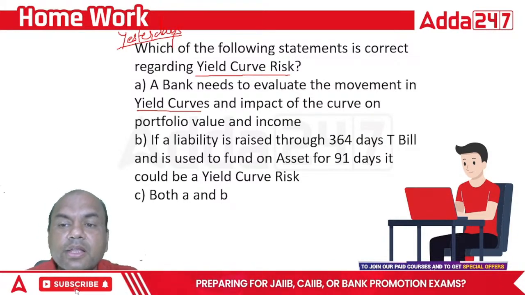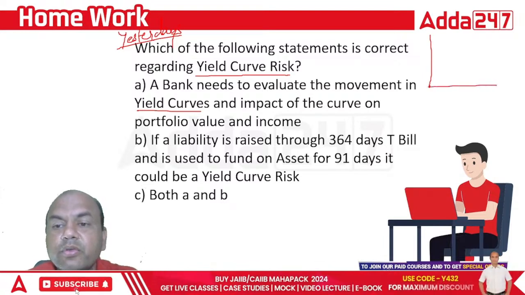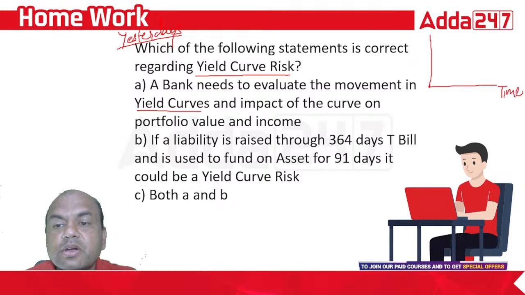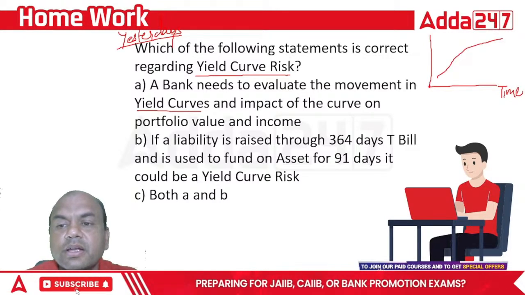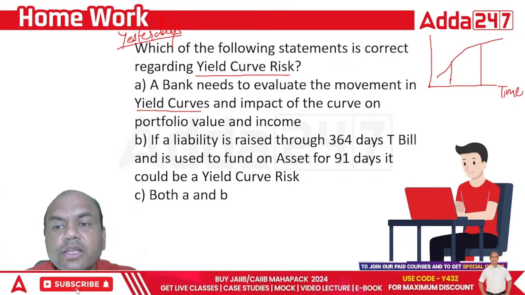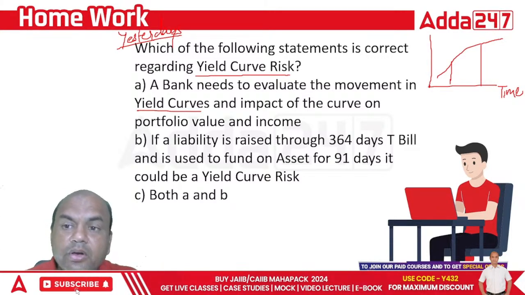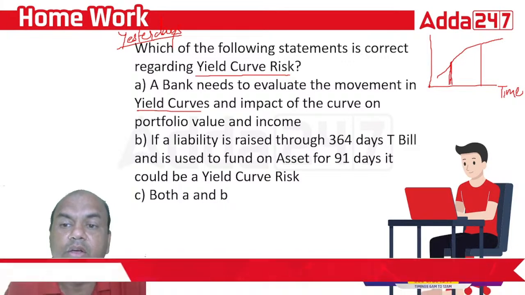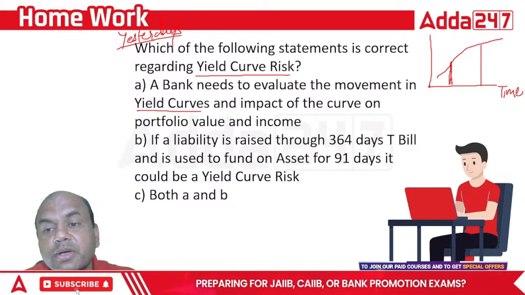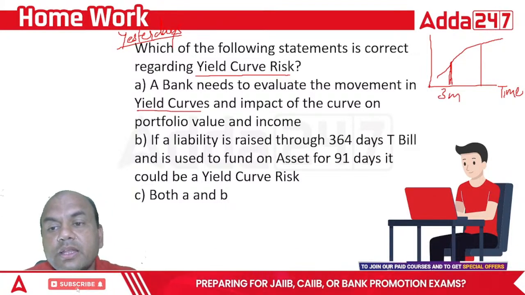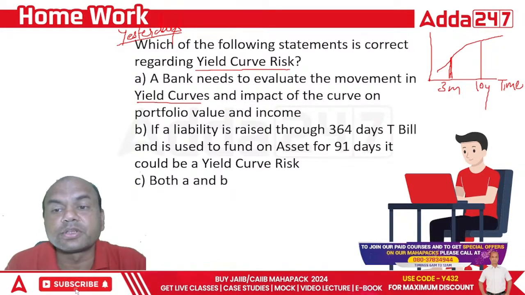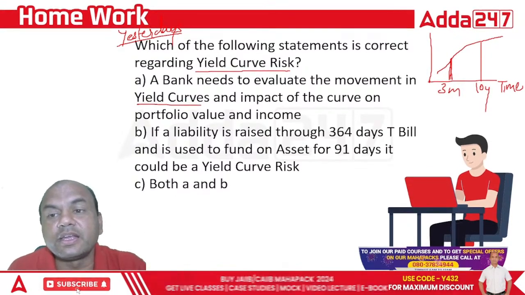So when I plot these various yields for various maturities, this is time. For various maturities, when I plot, I get this curve, and this curve is known as the yield curve. Let's say for a bond of AAA rating of various maturities, 3 months to 10 years, suppose I plot these bonds and the yield of these bonds.